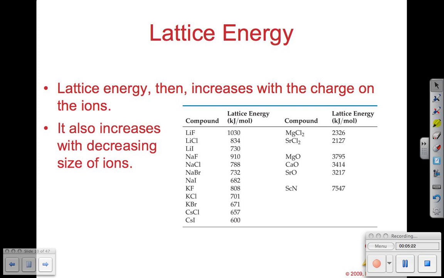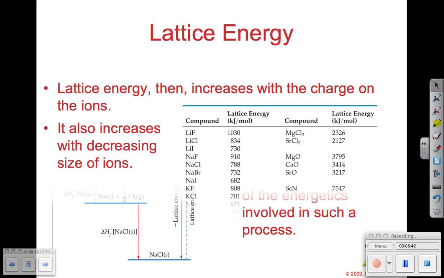It also increases with decreasing size of the ions. The smaller the ions, the greater the lattice energy, and that has to do with how far away the particles are from each other, the distance between the nuclei.